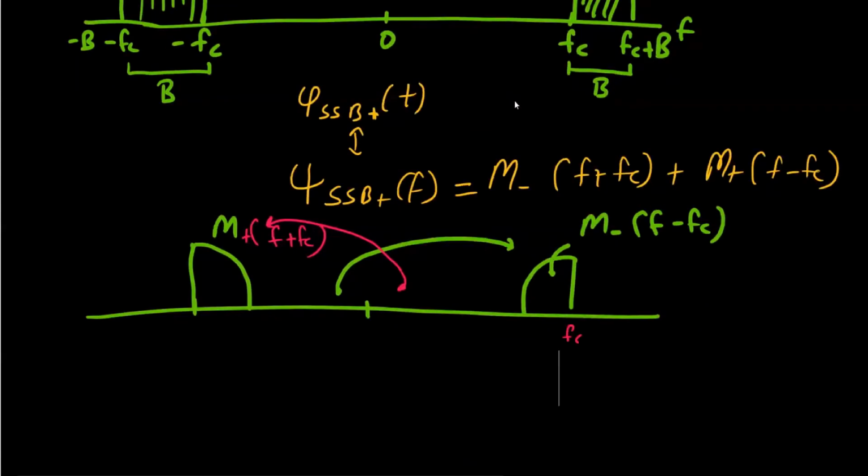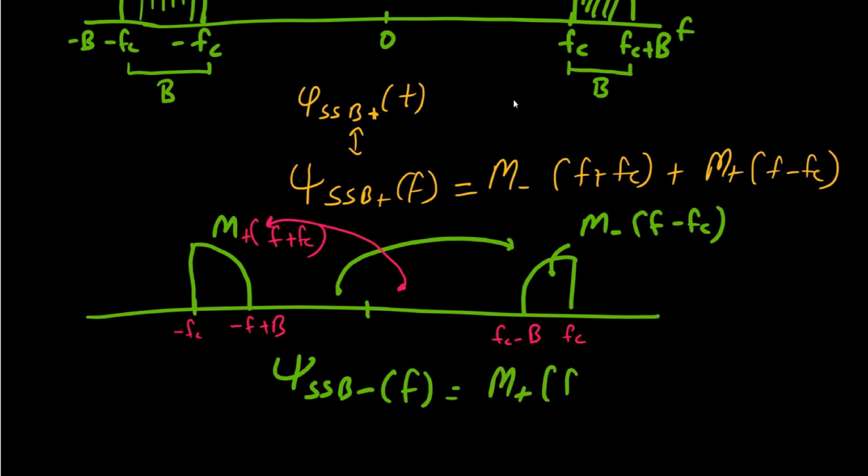So this was our fc. So this is fc minus b. This is minus fc. So this is my fc plus b. In this plot, what we are sending is basically the lower sideband, and that is now m plus of f plus fc plus m minus of f minus fc.